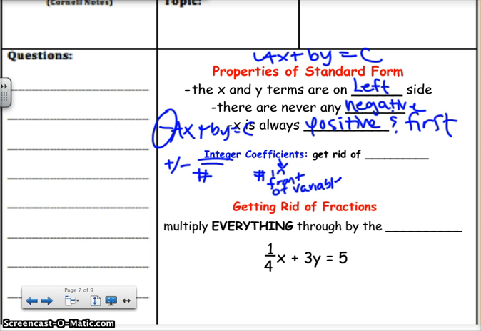Like if I had 3x, the 3 is the coefficient. In -9y, the -9 is the coefficient. If I say write using integer coefficients, that means get rid of any fractions if you have them.